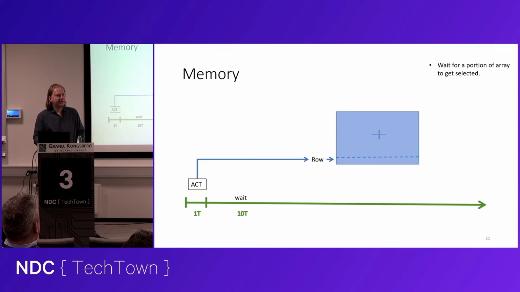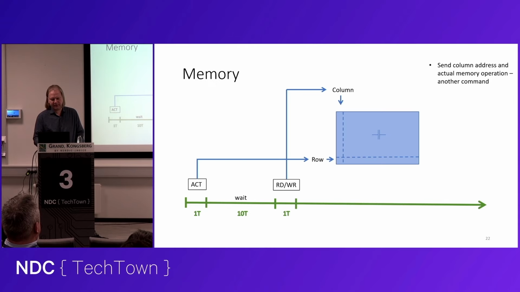Then we have to wait for the logic on the memory side to do its part of the job. Then we send out another command indicating whether we want to read or to write from that particular row. And again, wait for another 10 hypothetical nanoseconds for particular capacitors within that row to be sensed and the data that is stored there to be copied into some temporary buffers.